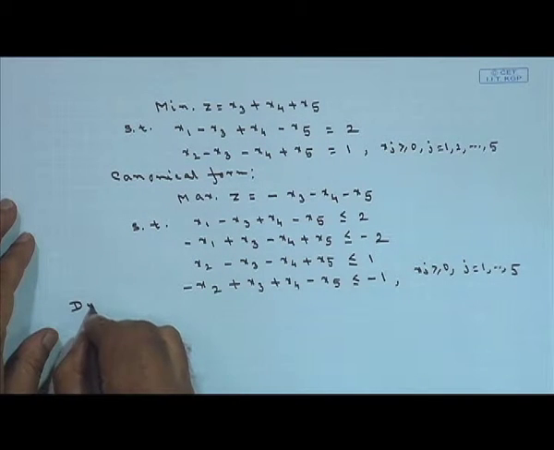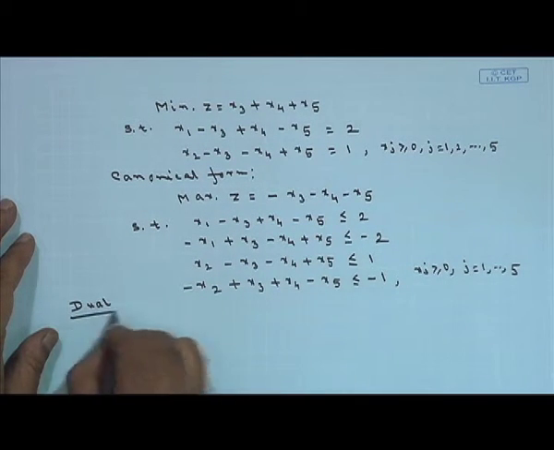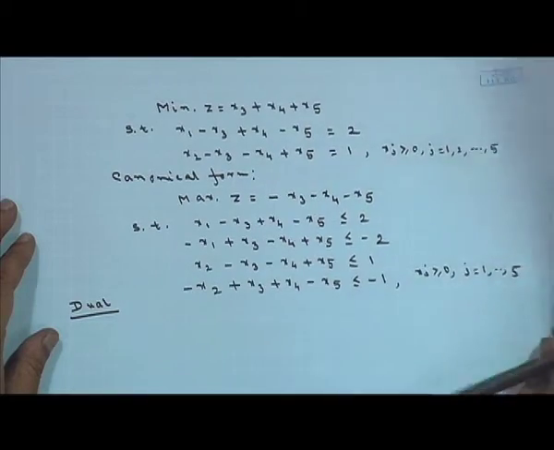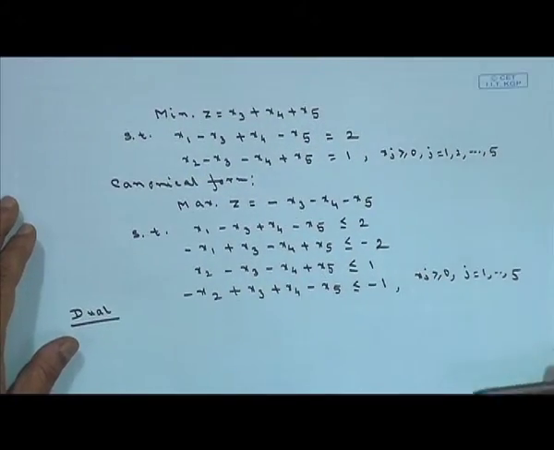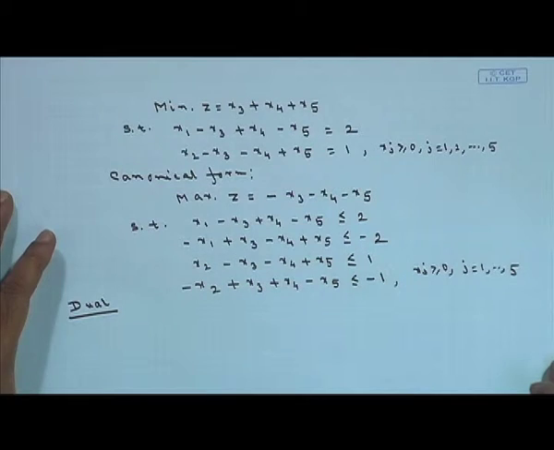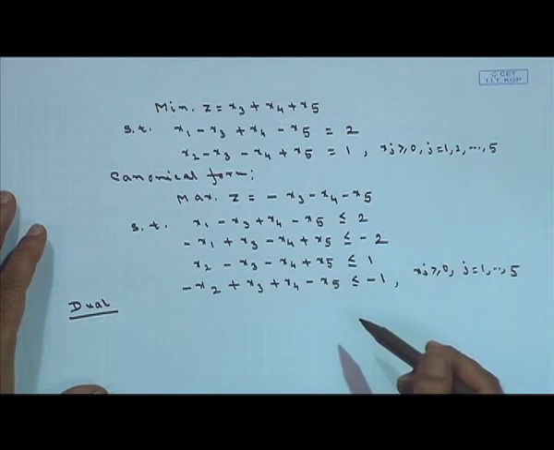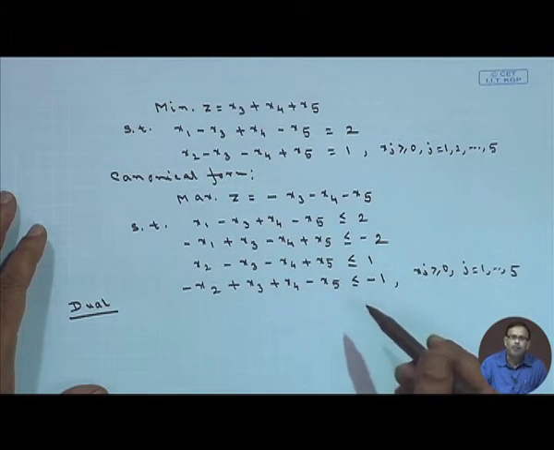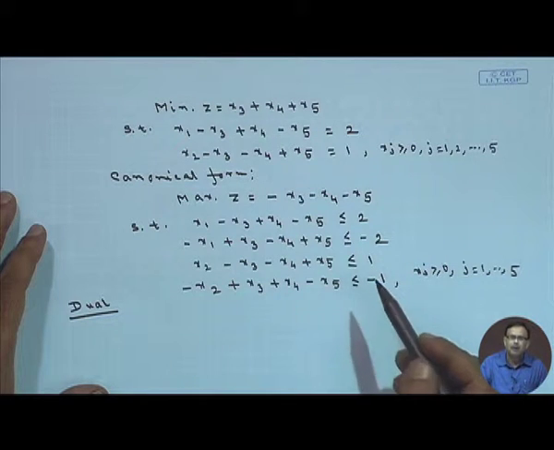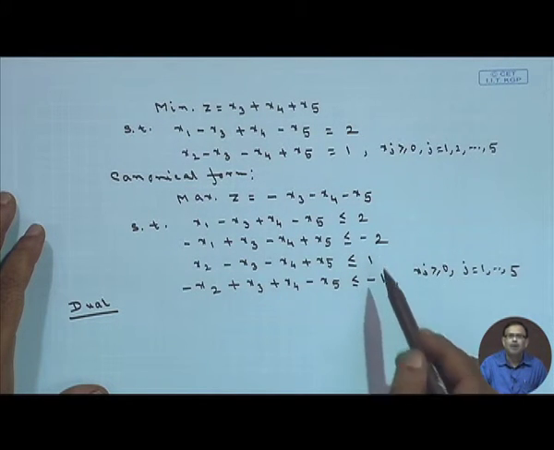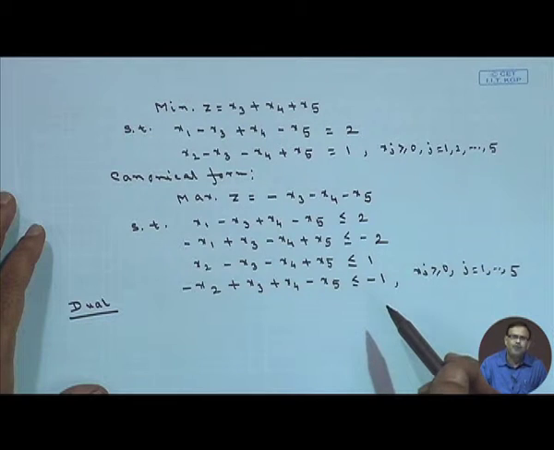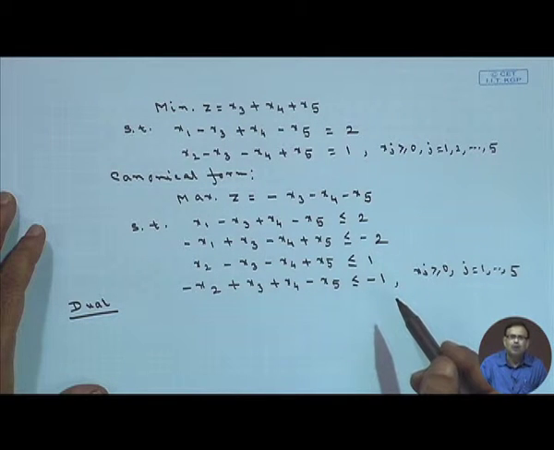Let me write down its dual here itself. How many variables will the dual have? The number of variables of the dual depends upon how many constraints there are. Since in the canonical form we have 4 constraints, there will be 4 variables in the dual problem.